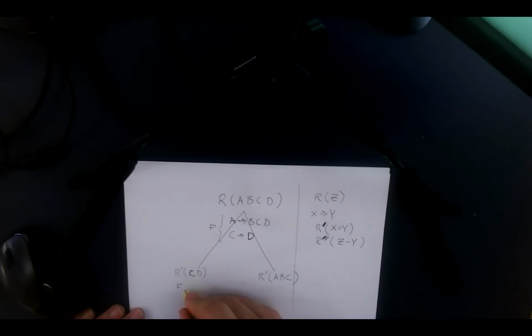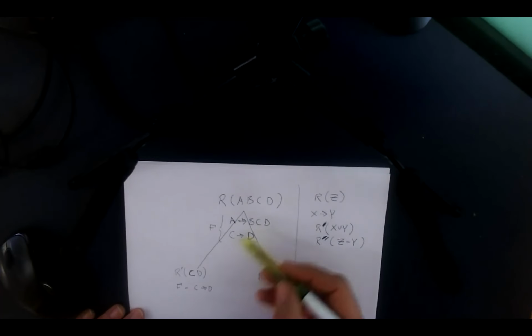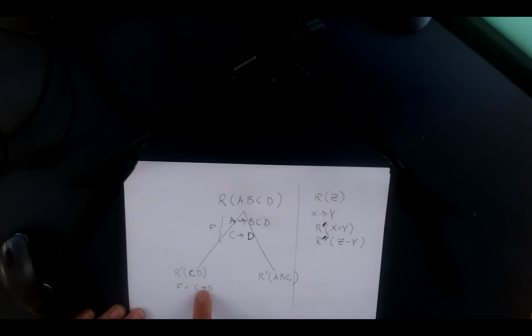It's going to wind up being just C goes to D, because in the whole closure we're not going to get C going to anything else. I hope that makes sense to people.